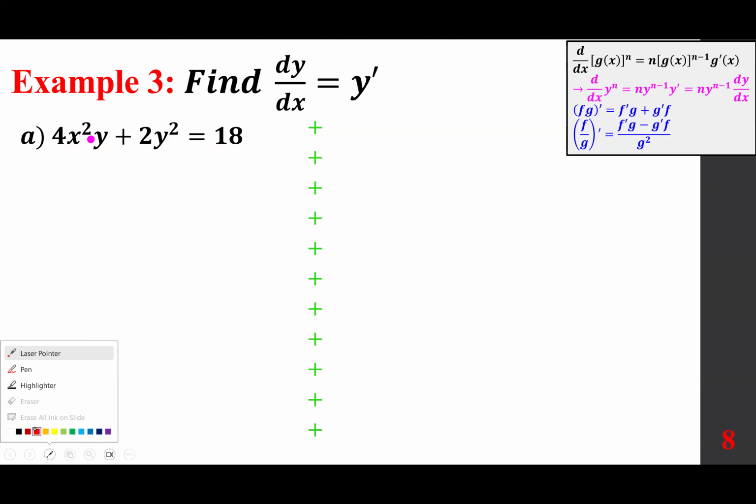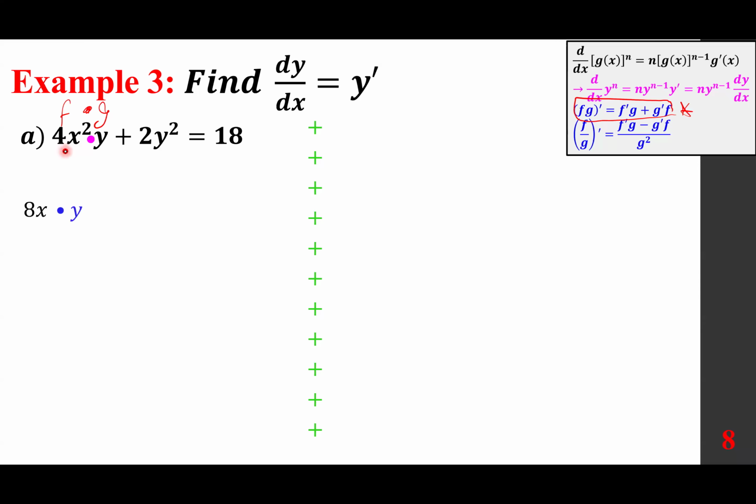We are going to use the product rule on this. f prime g plus g prime f. f prime is 8x times g, which is y, plus g prime, which is y prime or dy/dx, times f, which is 4x squared. So that piece, 4x squared y, is differentiated into 8xy plus y prime times 4x squared.